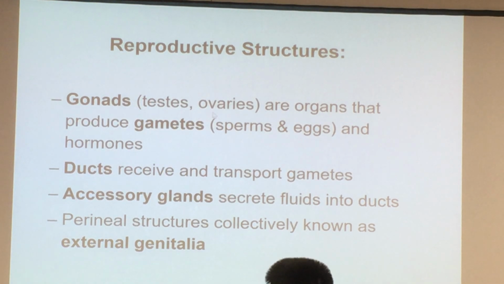And the egg or sperm they produce, we call gametes. Gametes apply to human or animal. Ducts are tubes to transport the gametes. Accessory glands usually secrete fluid or mucus. Then the opening of the reproductive organ we call external genitalia.